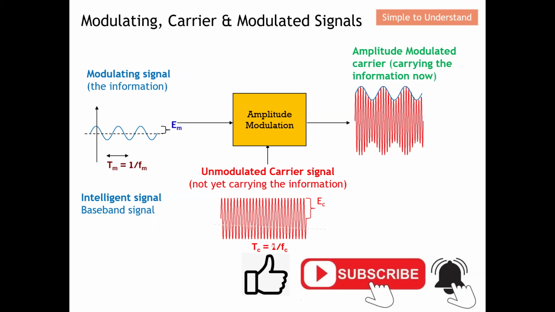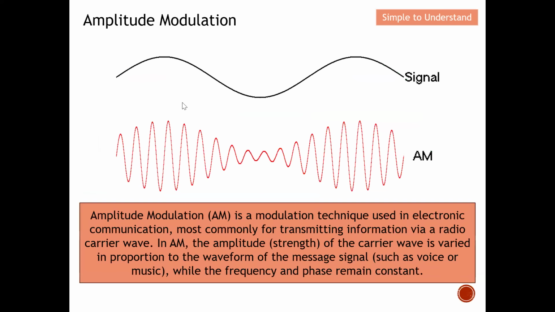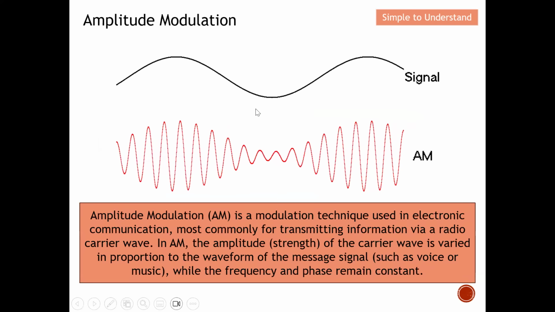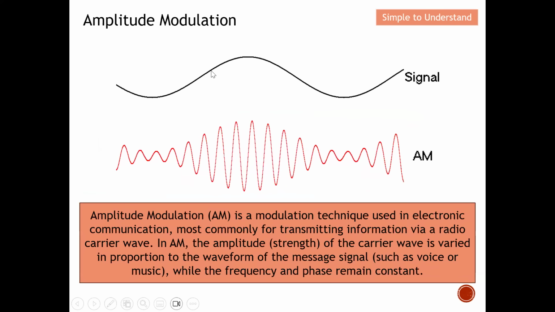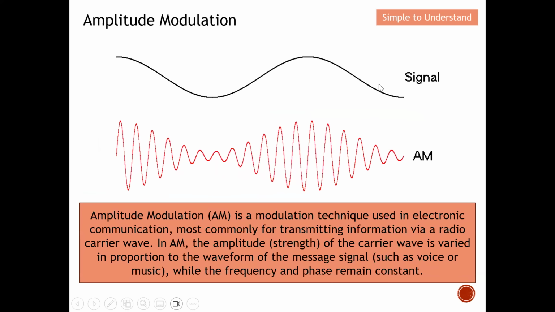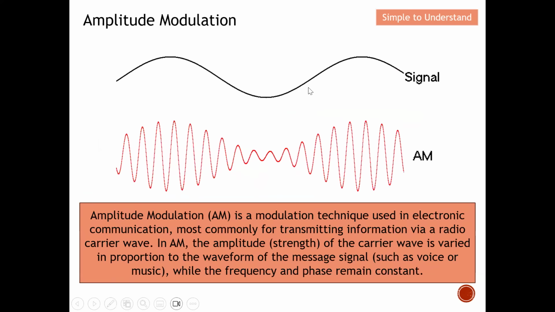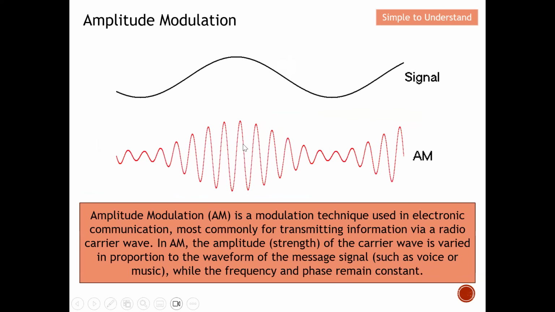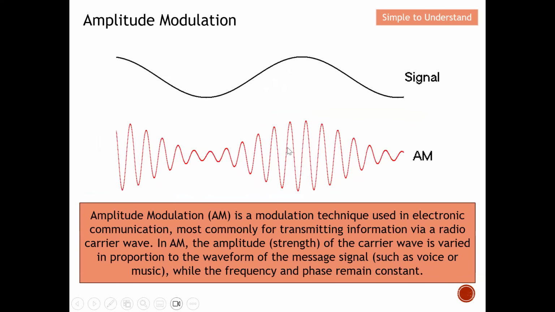Let me continue. So this is what I mentioned earlier on. Let me turn on the animation to have a better idea. This is what we call the modulating signal, or the original signal that I want to send over to the recipient. You can see that this is the amplitude modulated signal.